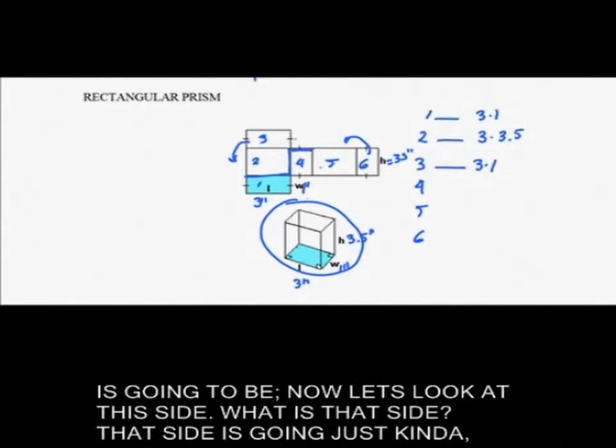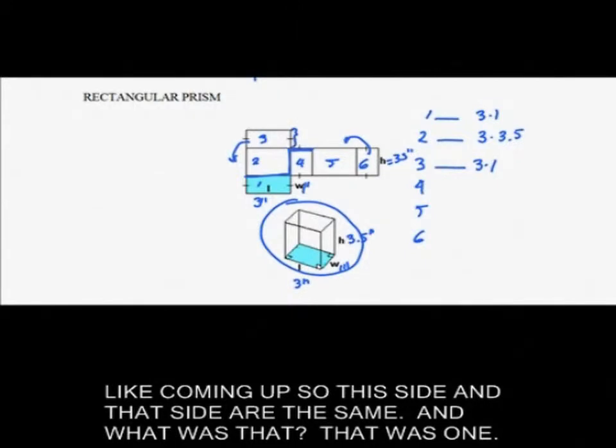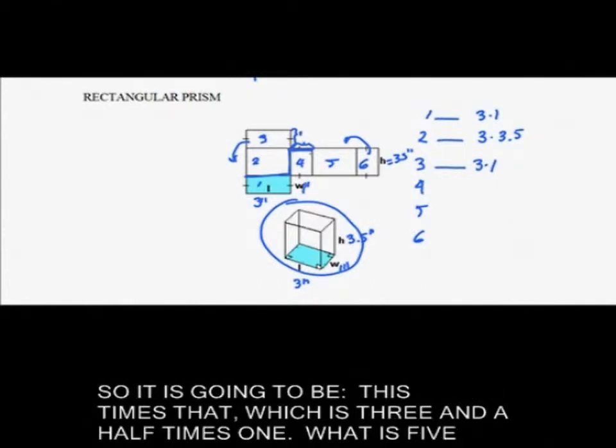That side is just kind of coming up, so this side and that side are the same. And what was that? That was 1. So it is going to be this times that, which is 3.5 times 1.